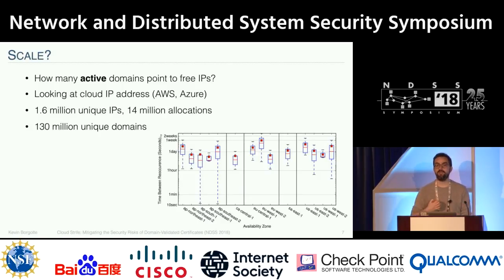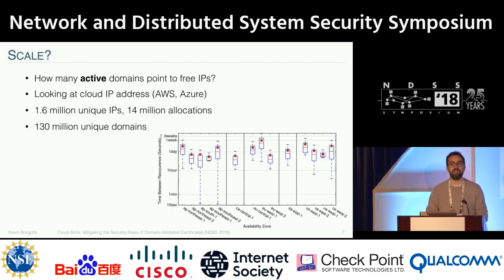So over a period of 1 month, we allocated one IP address every 2 seconds on every single availability zone for Microsoft Azure as well as Amazon EC2. And if you do this with a very small allocation cycle of one IP address per 2 seconds, then you're churning through entire address pools in usually around a day, but always in less than 2 weeks.